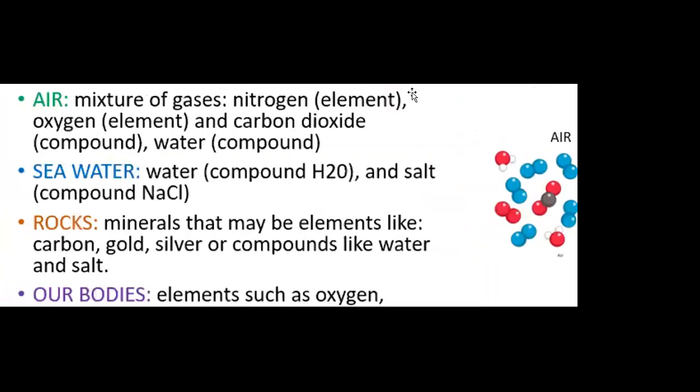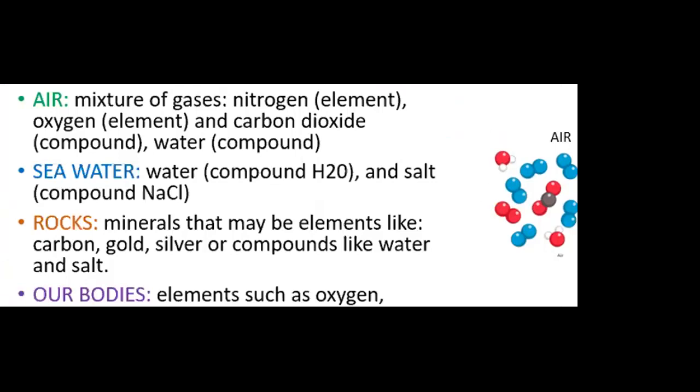If we look at the atmosphere around us, it's a mixture because it's made up of many elements and many compounds. It's made up of water, which is a compound. It's made up of carbon dioxide, which is a compound. It's made up of nitrogen and oxygen and hydrogen. They all are elements, right? So can you see how that's a mixture?